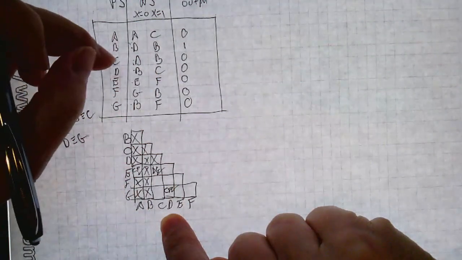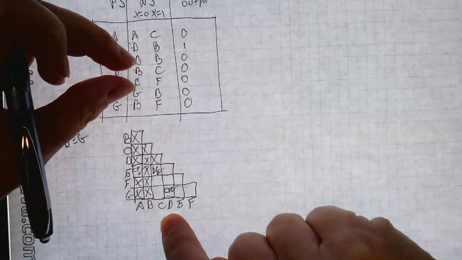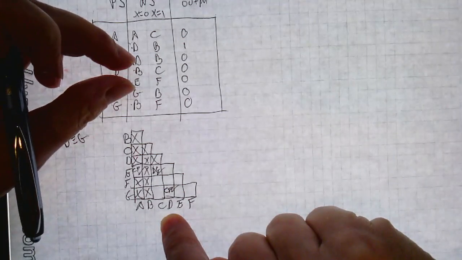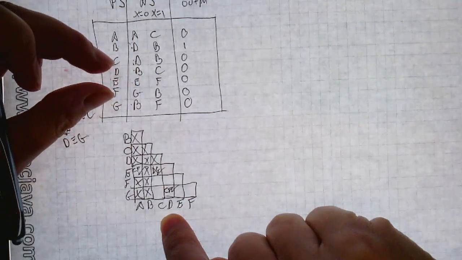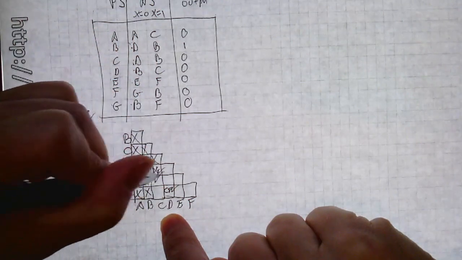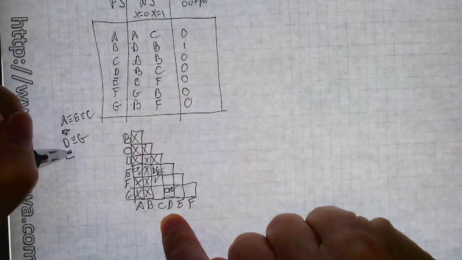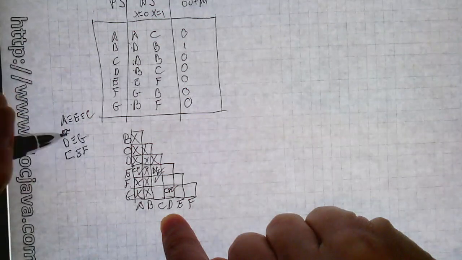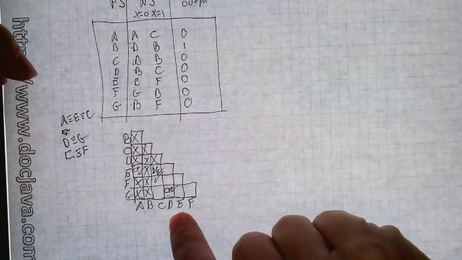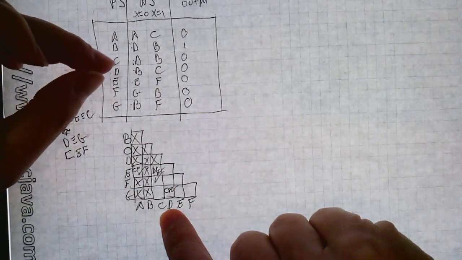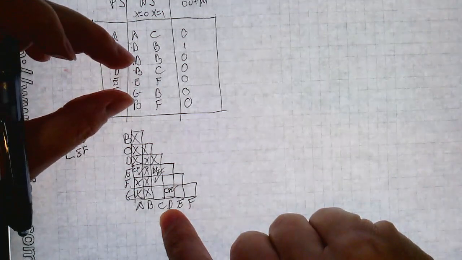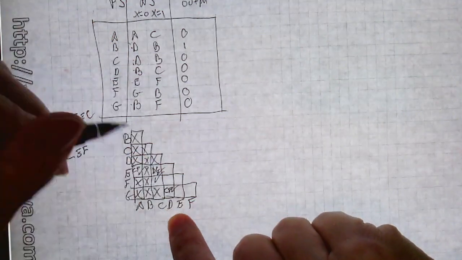CF is true if D equals G, and it does. And if B equals B, and it does. So C is equal to F. And now we have CG. C equals G if D equals B. D does not equal B, so that doesn't work.